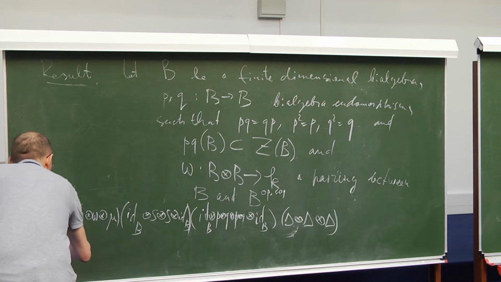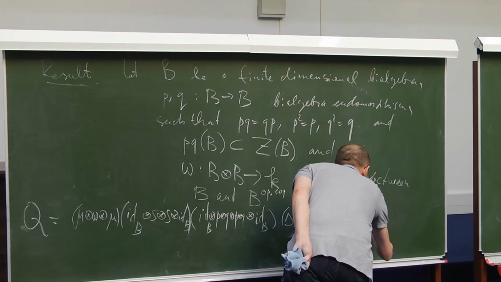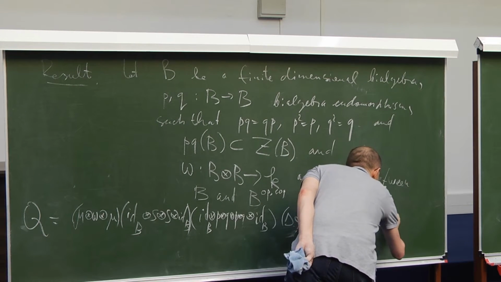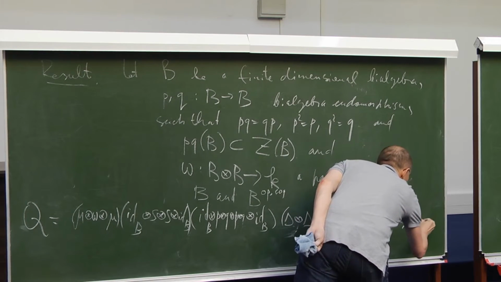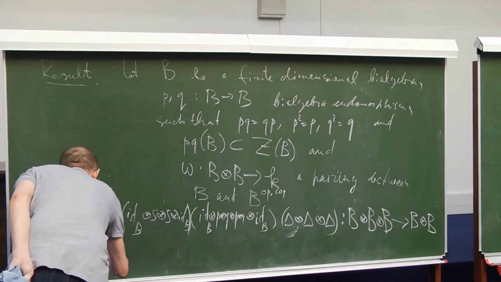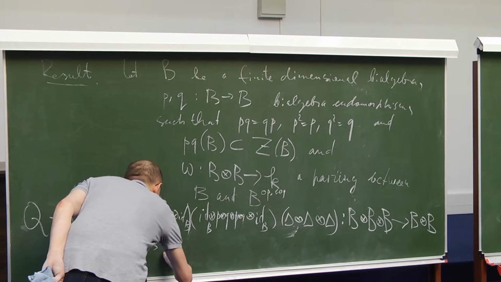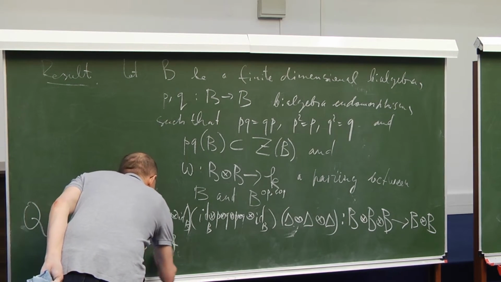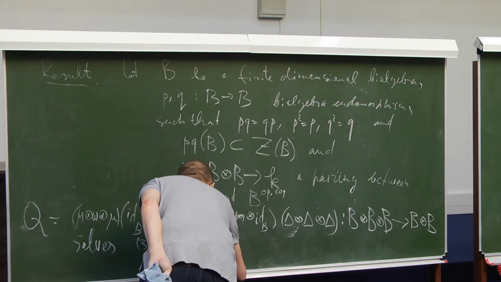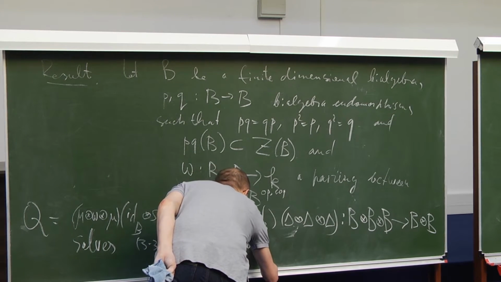That Q, which is a map from B tensor B tensor B to B tensor B, solves the three Pachner relation with respect to some basis.